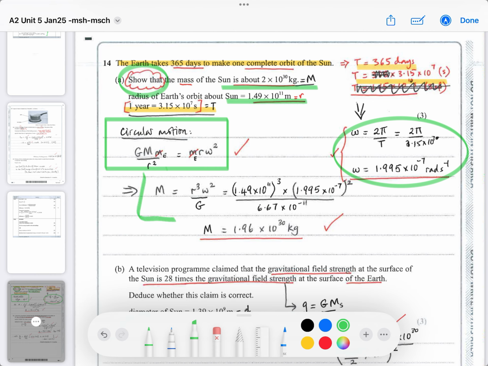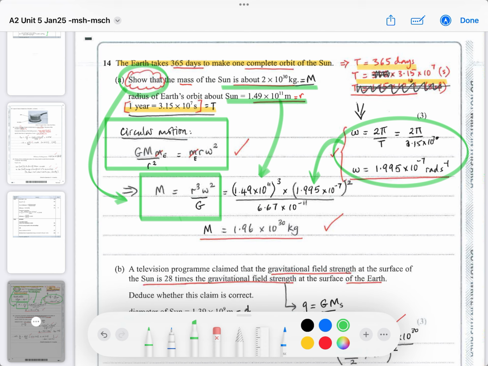So if you change the subject to make mass what you want, because you want to show that the mass is equal to 10 to the 30 roughly, you'll notice it becomes r cubed omega squared over G. So you put the omega in here, you put the r value in there, cube it, square it, divided by G, you'll get the mass.